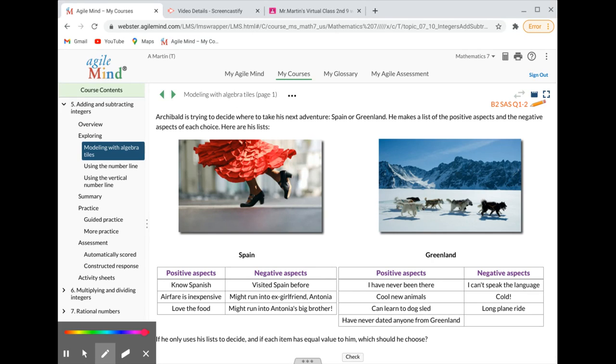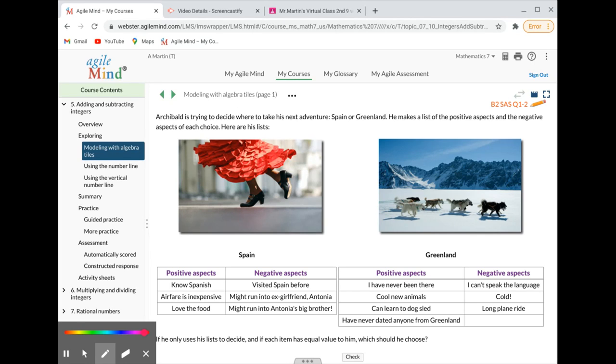You could have drawn circles to represent positives and triangles to represent negatives. I mean, it's your imagination. You could have drawn stick figures, plus signs and negative signs, whatever you like. Okay. So that's what you needed to do on page 137 for questions 1 and 2.